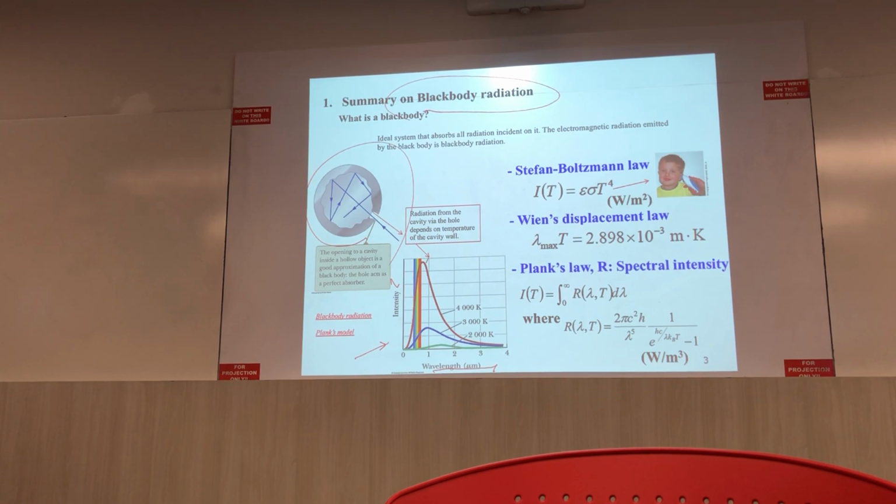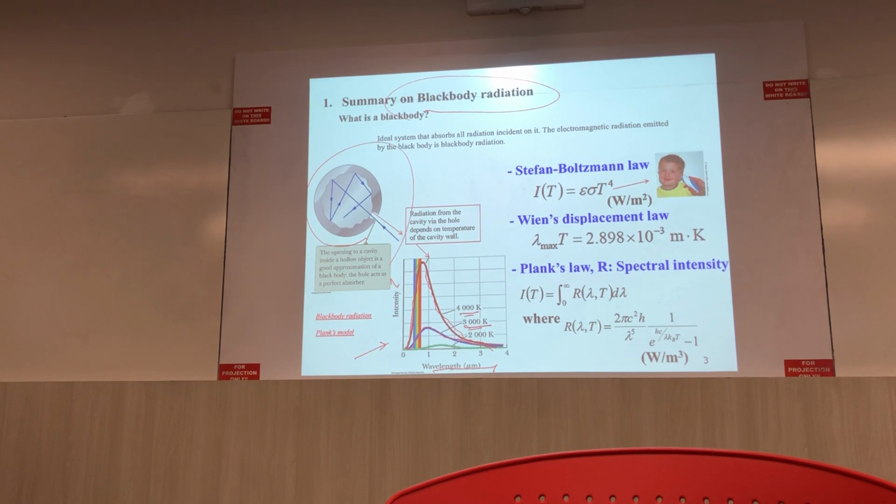Depending on the temperature of the black body, their radiation pattern is shaped differently. So 4,000 kelvin will follow this pattern, and 3,000 kelvin will follow this pattern of this shape of the intensity.